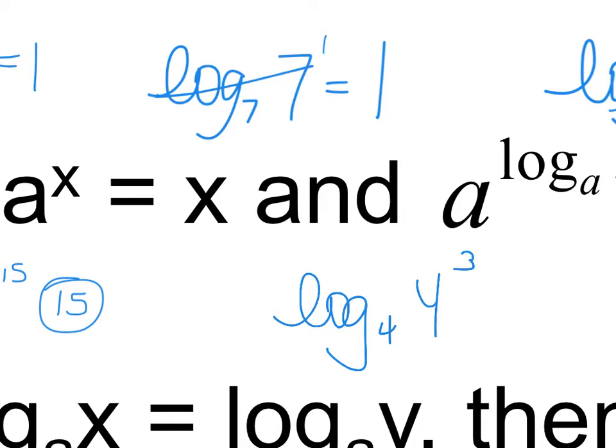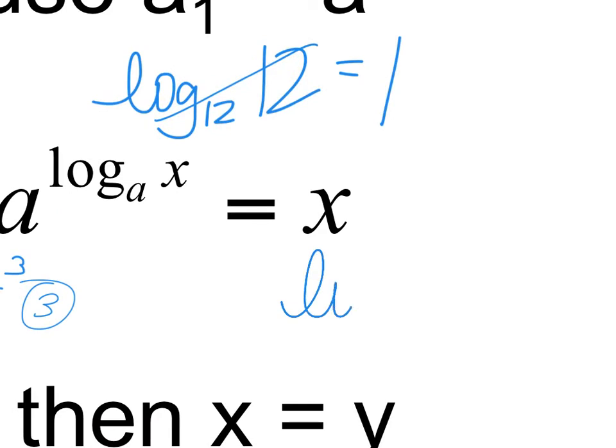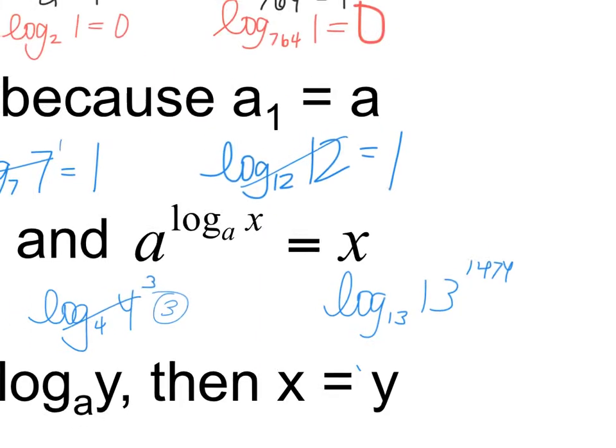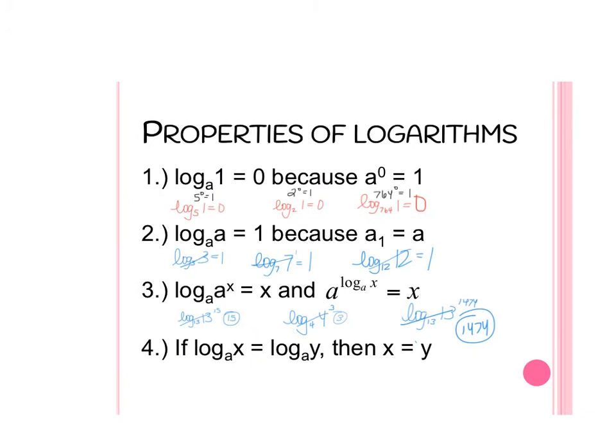What's log base 4 times 4? What happens to each other? They cancel out. So what does that become when they cancel out? It doesn't go away. It becomes what number? 1. And then 1 times 3 is? 3. That's why. So log base 13 of 13 to the 1,474th power. 1,474. Good. All right, those are extremely important properties because you're not going to sit there and be like, oh gosh, I have to figure it. You guys should just recognize that.